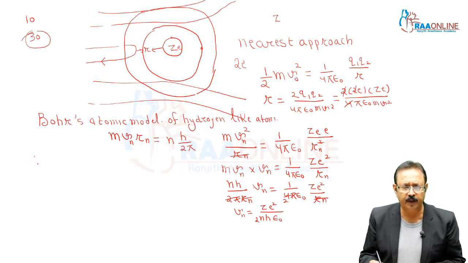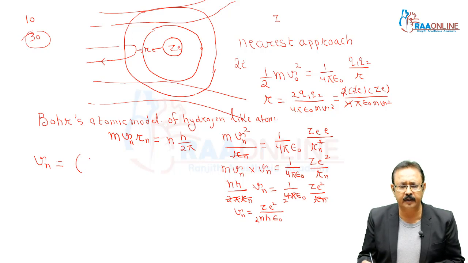So I am writing here now: Vn is equal to Z, put separately, E square upon 2h epsilon naught. What is remaining?